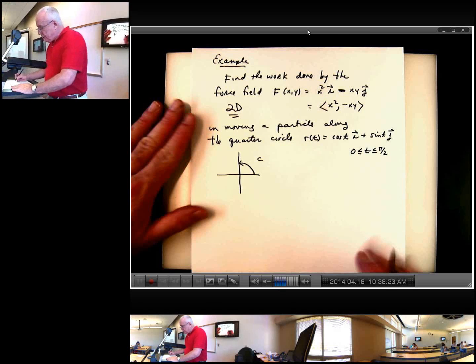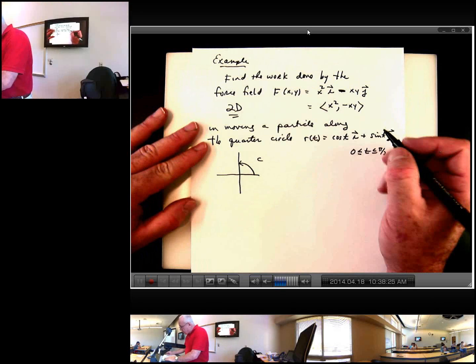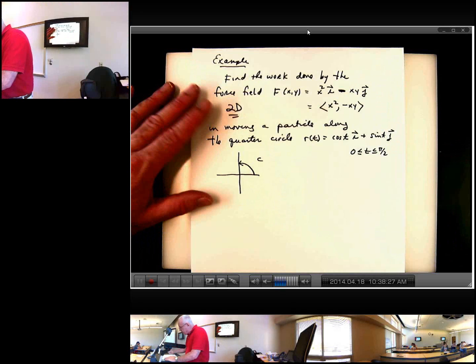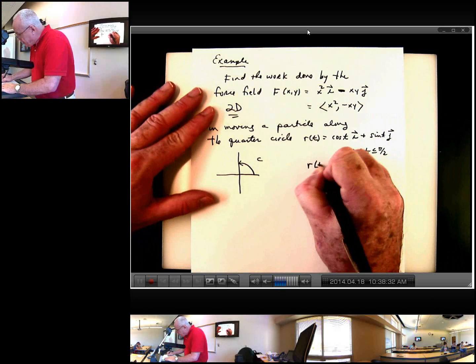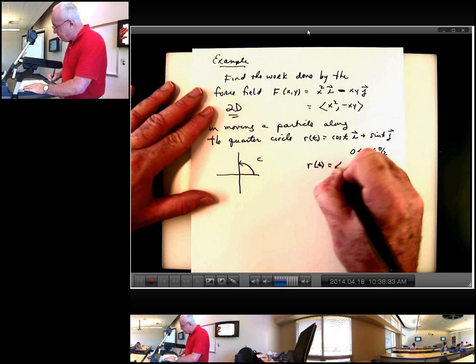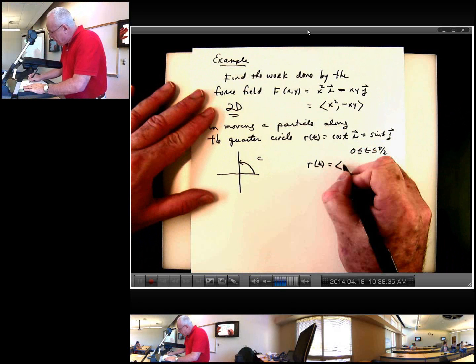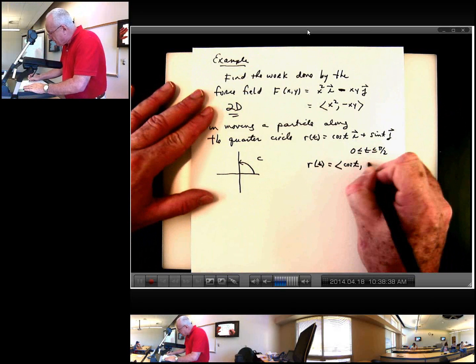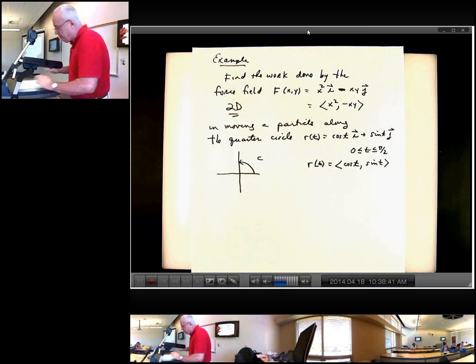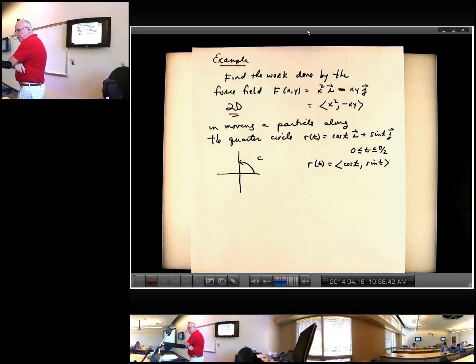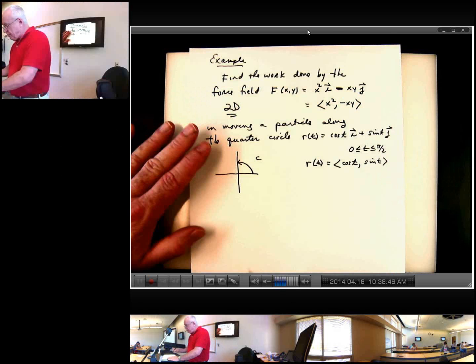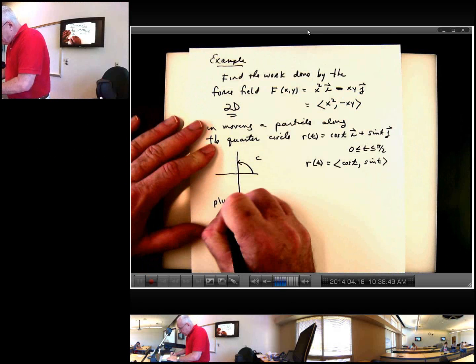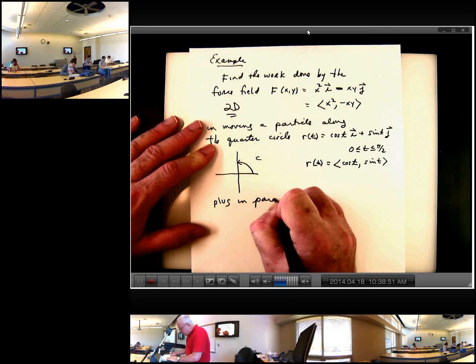So let me rewrite r of t. I like to use the bracket notation: cosine t, comma, sine t. All right. So first of all, we need to plug our parameterization into the F function. So plug in the parameterization.